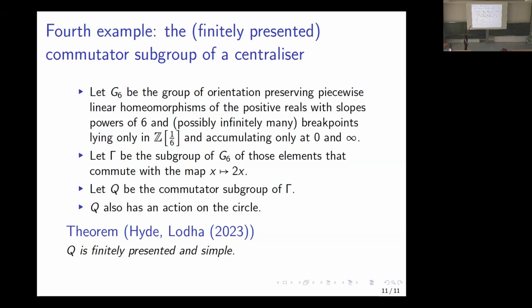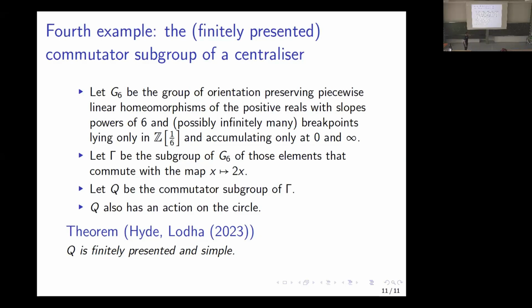Oh no, the abelianization of gamma, the subgroup of G6 of things that commute with x goes to 2x, the thing that has Q as its commutator subgroup. You're on the paper, Yash. You can't guess, that's cheating. Sorry, go on. Oh, it's Z to the 5, right? Yeah, Z to the 5.